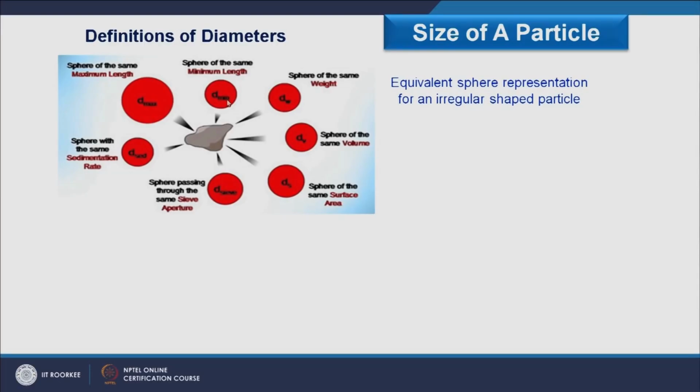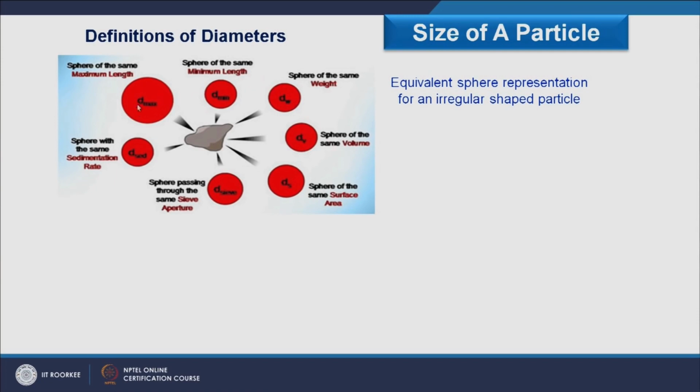So here I have the definition of diameters. This is basically the irregular particle, and here I have different diameters which we have defined based on different properties. These are basically equivalent sphere representations of an irregularly shaped particle. If I consider this particular example, here I have dV, that is the sphere of the same volume, so its diameter is dV.